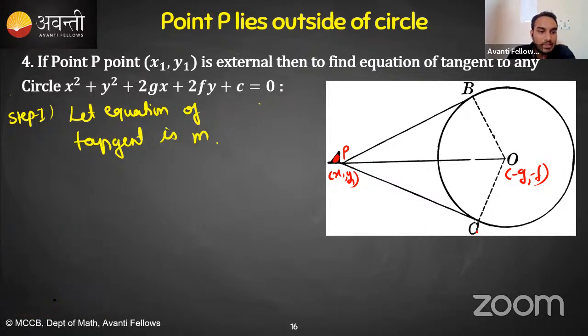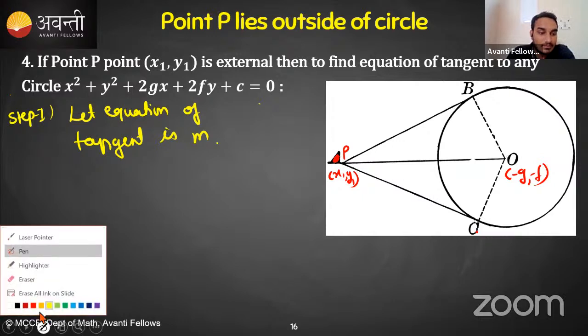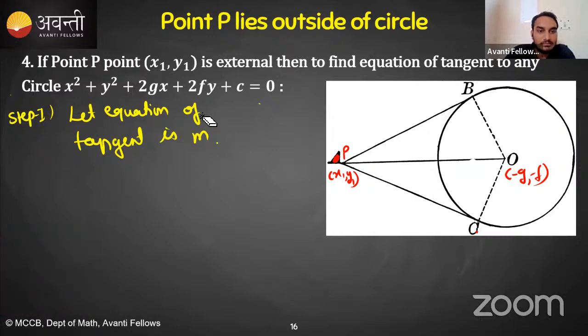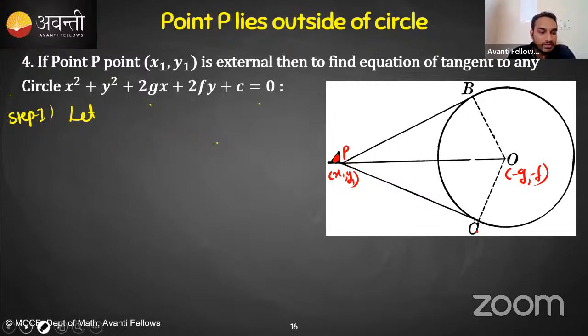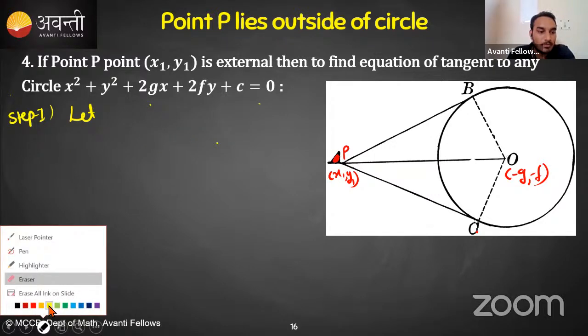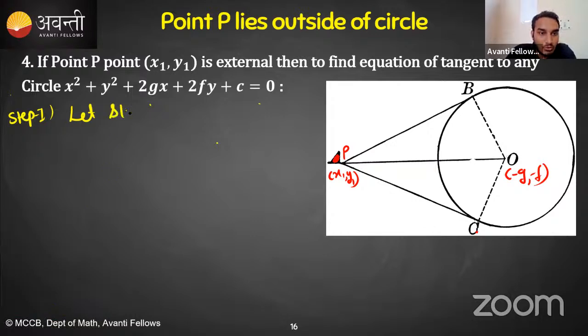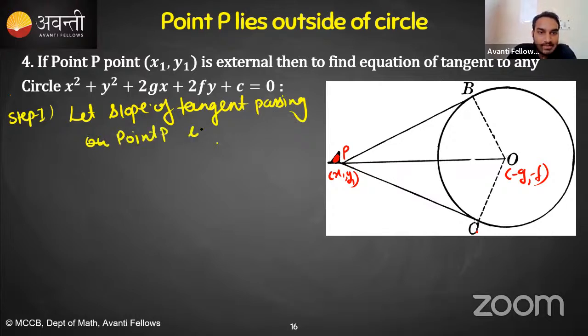So what is the first step, students? The first step is always: let the slope of the tangent passing through point P be m.